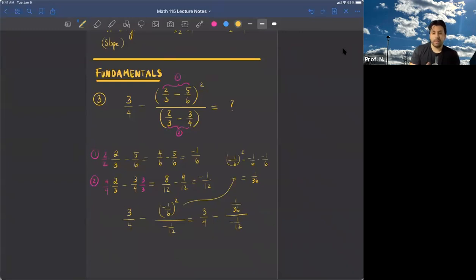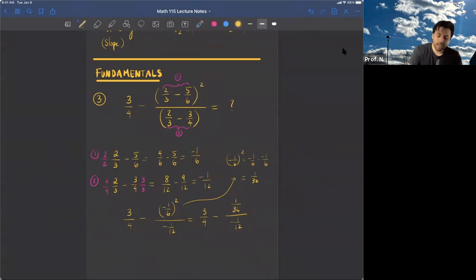Now I took care of that, right? After we apply parentheses and exponents, I need to multiply or divide. Well, here, what do I have? I have a division of two fractions: 1/36 divided by negative 1/12. So what does that entail?